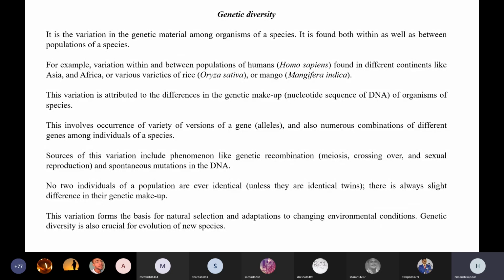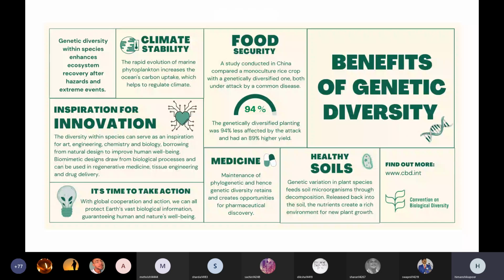Those plants will have resistance to environmental stresses like high temperature or low temperature or saline conditions, or they will require less water, or these plants may be resistant to pests, which actually destroy the plant species. So with more genetic diversity, we can always improve the food security. Okay.